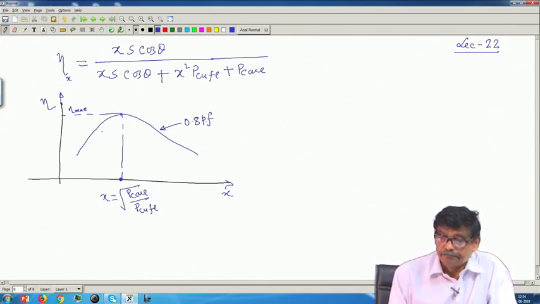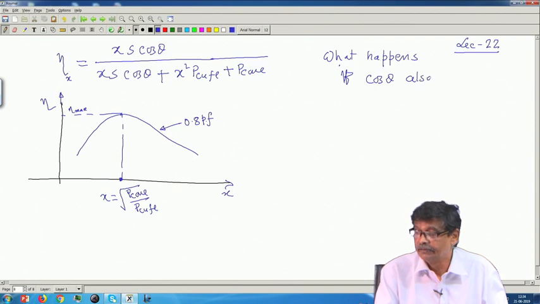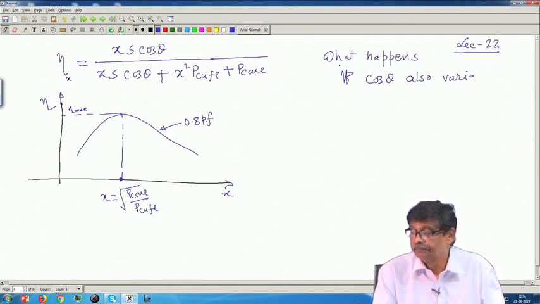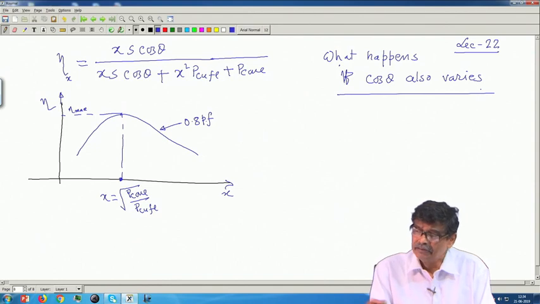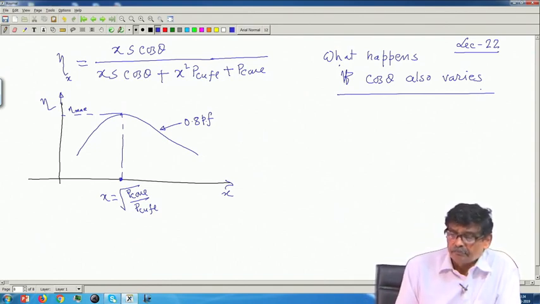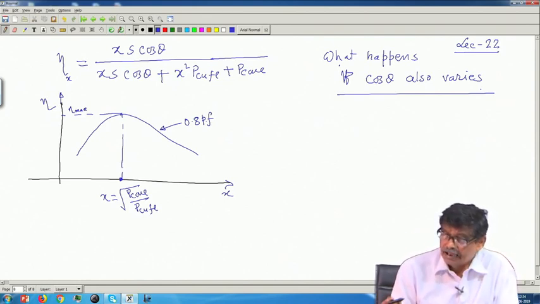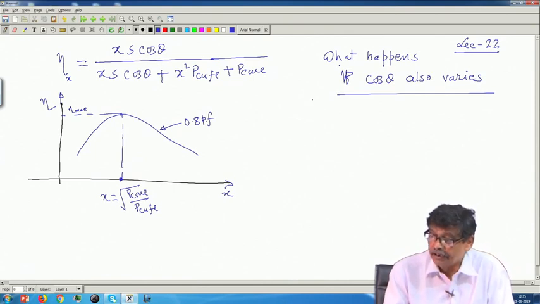Now, let us see what happens if cos theta also varies. How to find out this? That is how this problem can be framed. I will frame the problem.